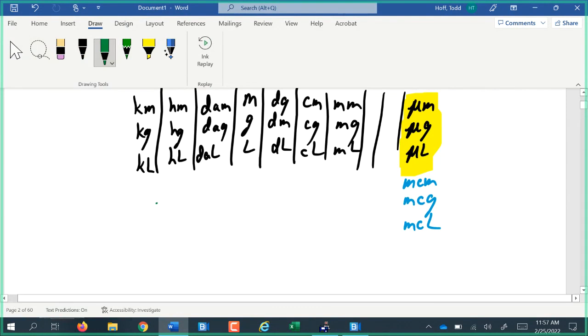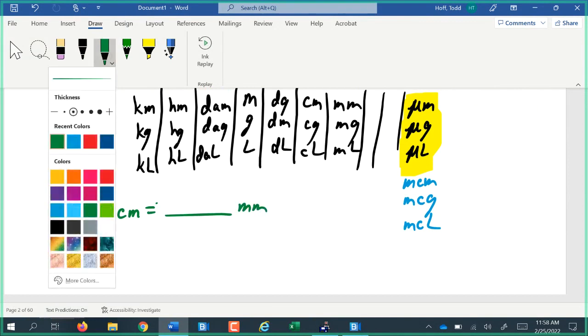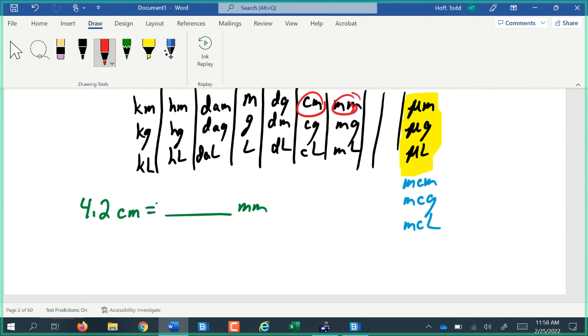And recall that if we're converting here, if we had 4.2 centimeters, and I want to convert that into millimeters, all we did was look at our chart. From centimeters to millimeters, we're moving 1 spot to the right on the chart. Our decimal point moves 1 spot to the right. That's 42 millimeters.